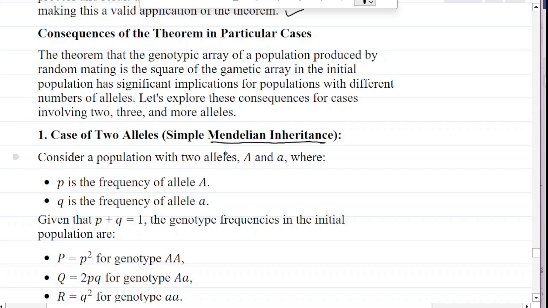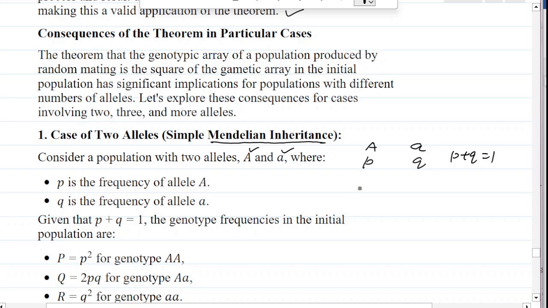So if we consider a population with two alleles, capital A and small a, so these are my two alleles, and P is the frequency of allele A and Q is the frequency of allele small a. It is given that P plus Q is equal to 1.